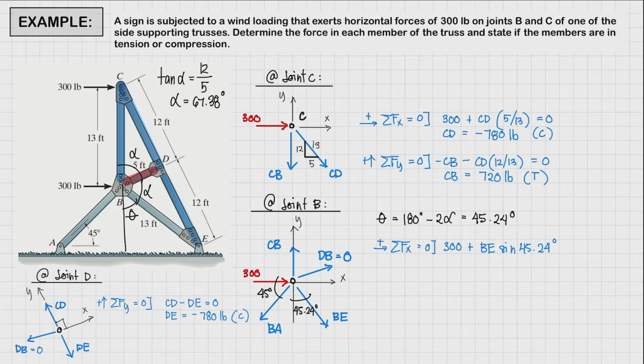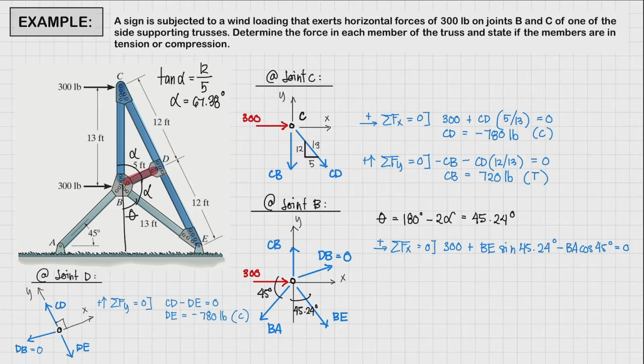Next, we have the horizontal component of force BA, which is going to be negative since it's acting towards the left side. So I have negative BA cosine 45 degrees. And the whole thing must be equal to 0. So from this equation, we don't know anything. So we will not be able to solve anything from that equation.